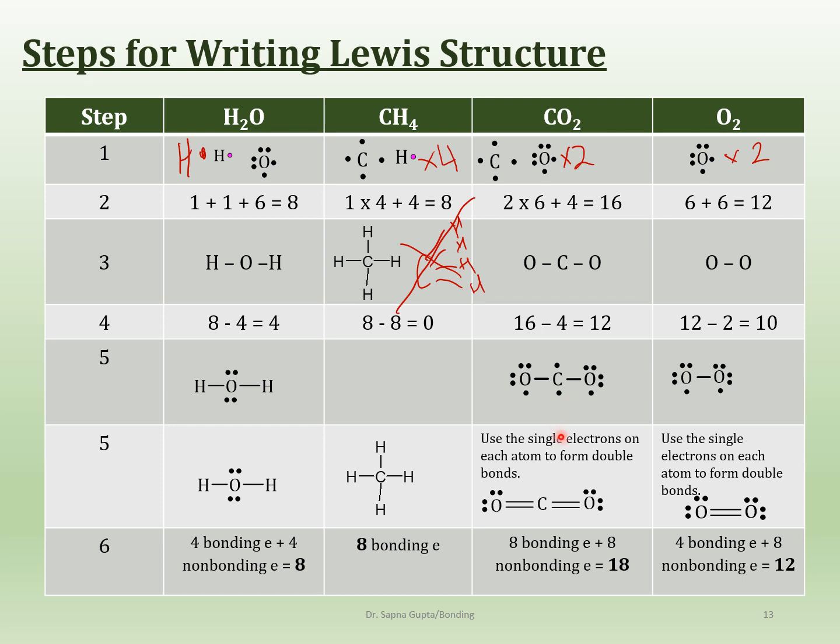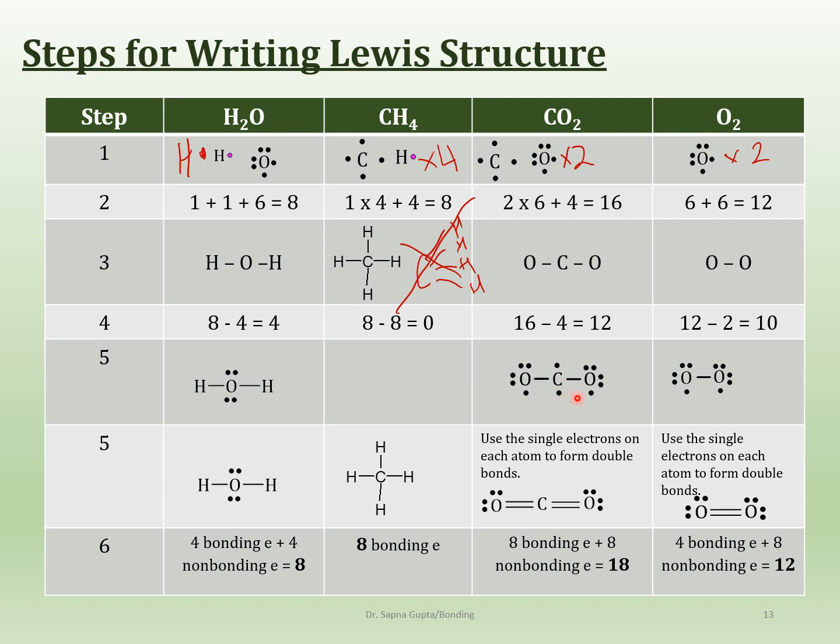Remember, 4 pairs means 4 times 2, 8, an octet. If you look at the intermediate structure for carbon dioxide, look at carbon here. Carbon has 1, 2, so that's 2 times 2, 4, 5, 6 electrons.